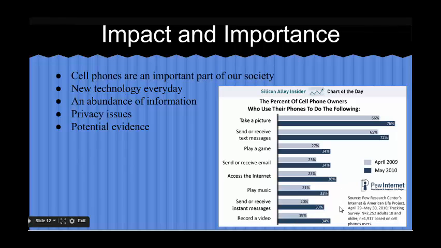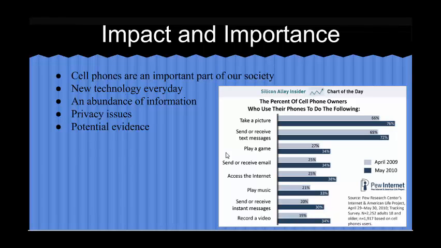Send or receive instant messages, 30%. Text messages, 72%. So now we can infer that that has only gotten bigger in 2014. And there's also new technology every day regarding cell phones. So again, examiners need to stay on top of things, and they have to be current.